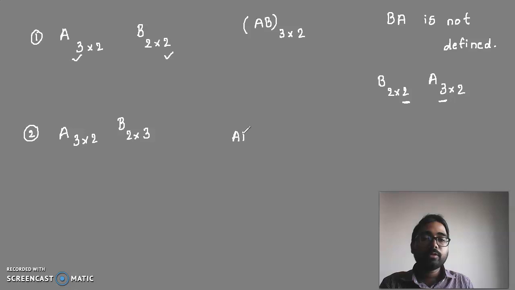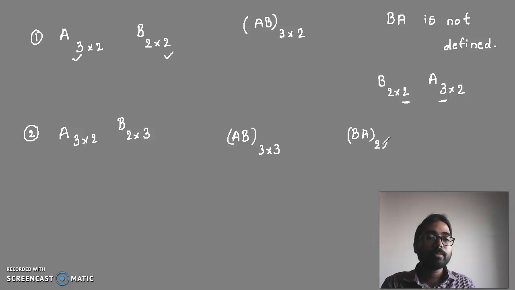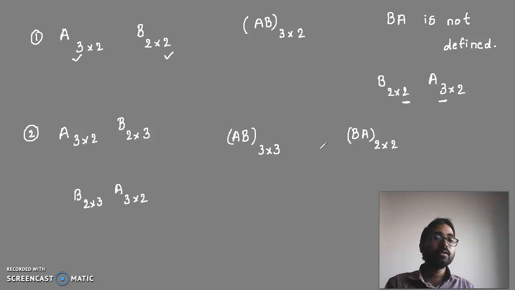See here AB is going to be a 3 by 3 matrix, whereas BA, where B is 2 by 3 and A is 3 by 2, is going to be a 2 by 2 matrix. So in this situation both are defined, AB is defined, BA is defined, but their orders are different. So they cannot be equal, right?